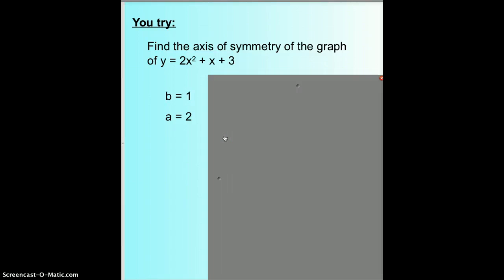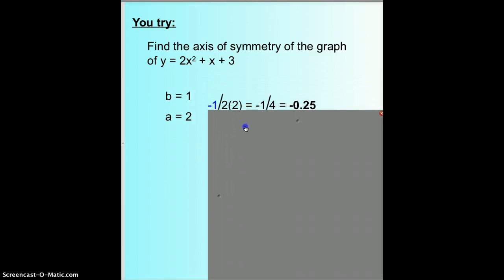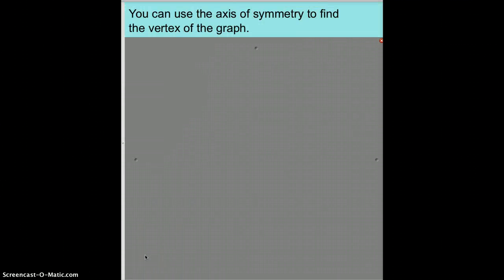So we're going to use the formula -b divided by 2 times a. So we get -1 divided by 2 times 2, which is 4. -1/4 equals -0.25.